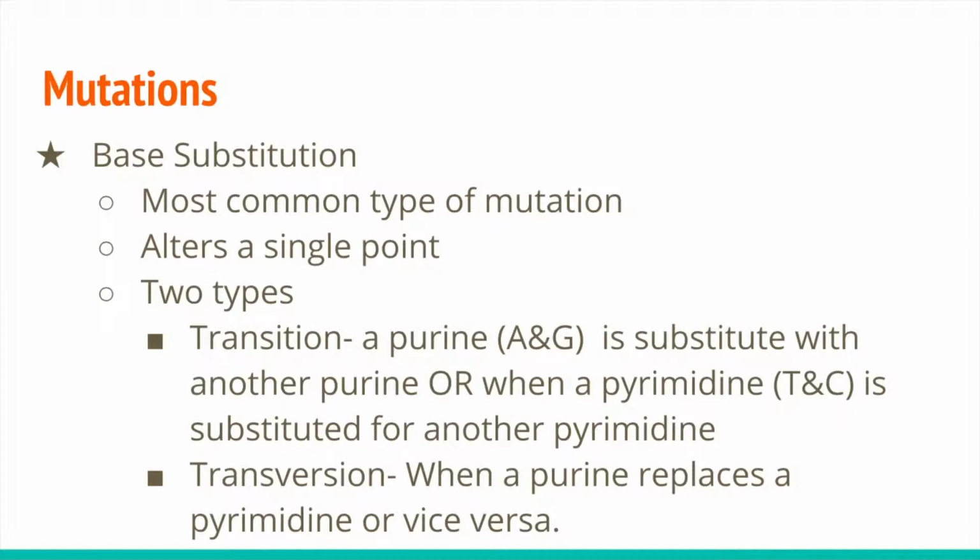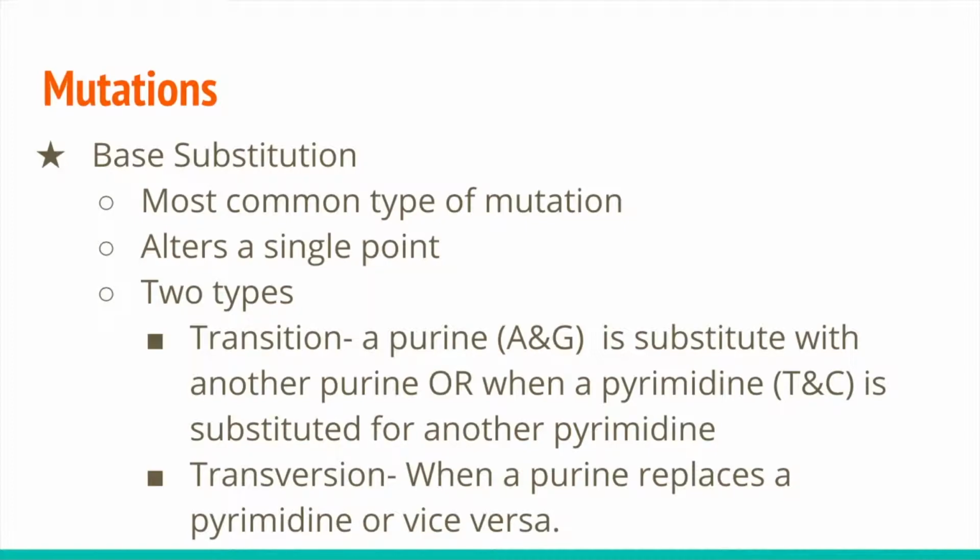So that means A is replaced by G, and G can be replaced with A. That would be an example of a transition. This can also happen with pyrimidines. So when a pyrimidine, which is thymine or cytosine, is substituted for another pyrimidine, then it's also known as a transition. So basically it's whenever one of the types replaces one of the same type.